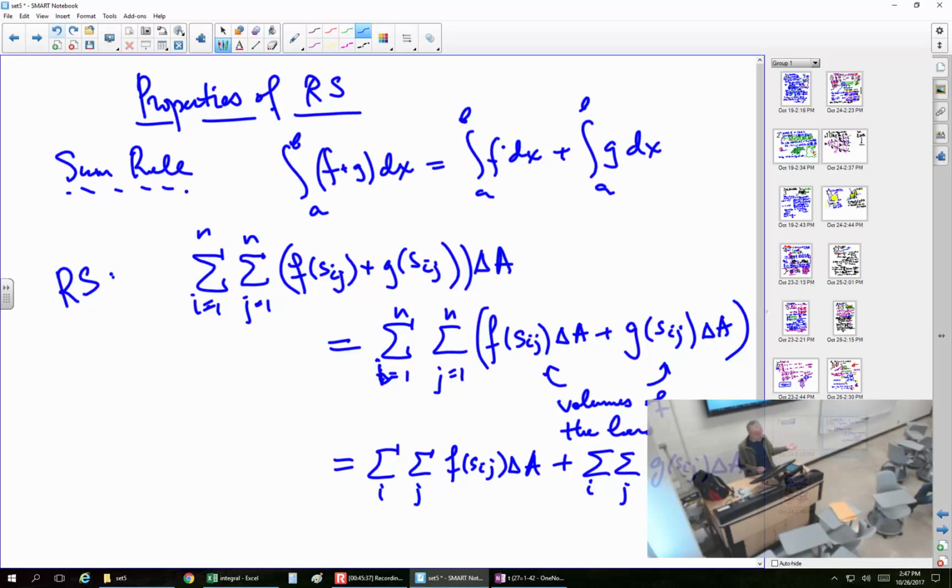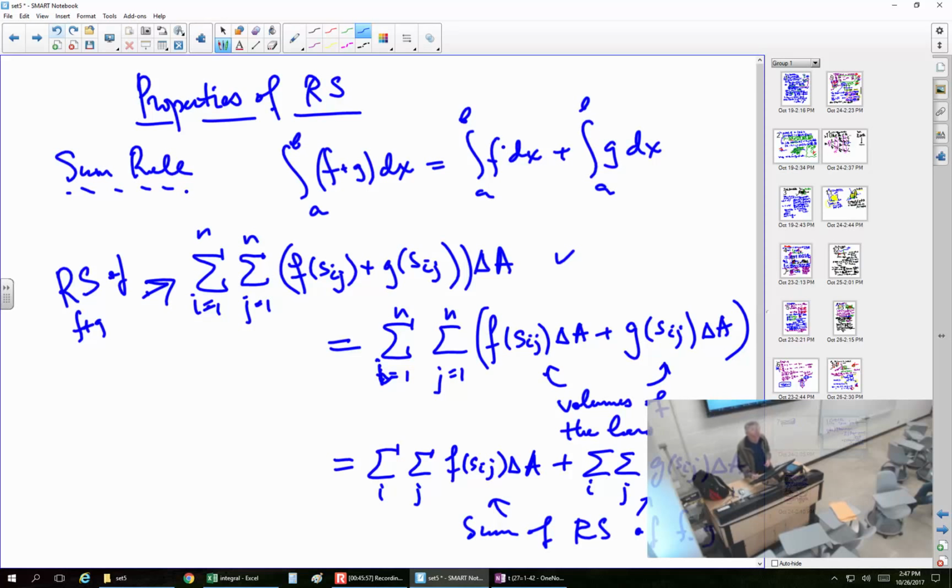So the Riemann sum on the left here is the Riemann sum of the sum, and this is the sum of Riemann sums of f and g. So the Riemann sum of f plus g in the beginning, this one, and now we have the sum of the two Riemann sums.